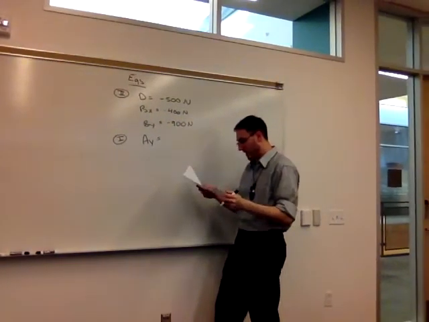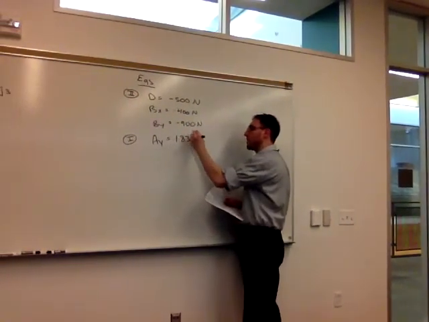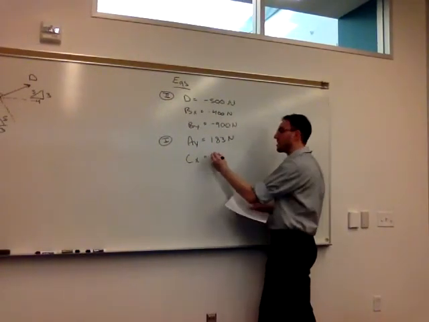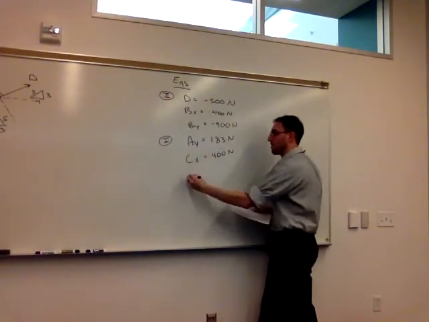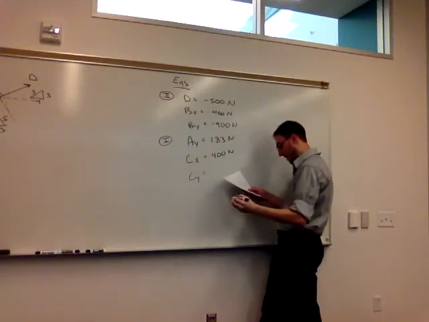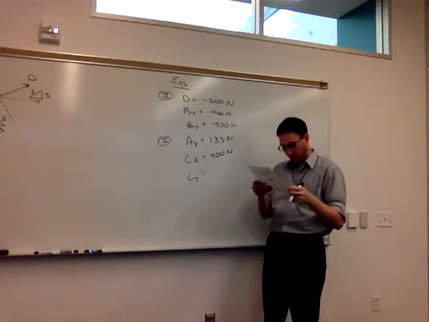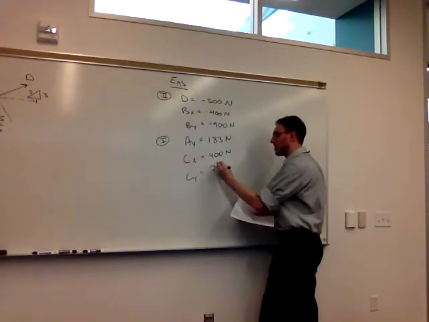AY has to be positive, and it is, 183 newtons. I can get CX to be positive 400, and CY, I get, there it is, 717.